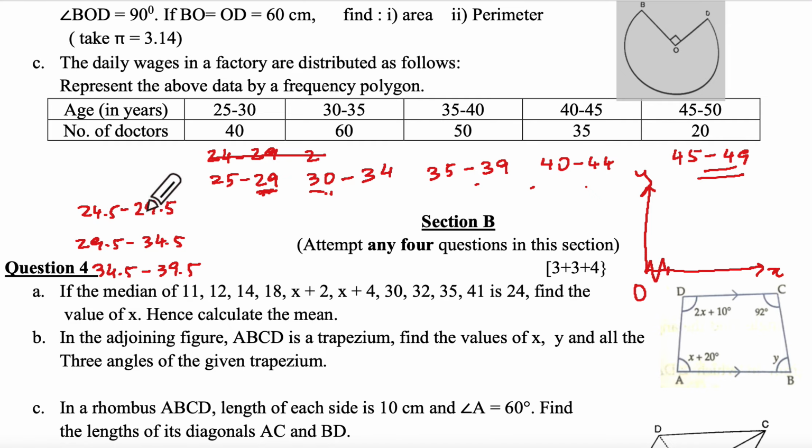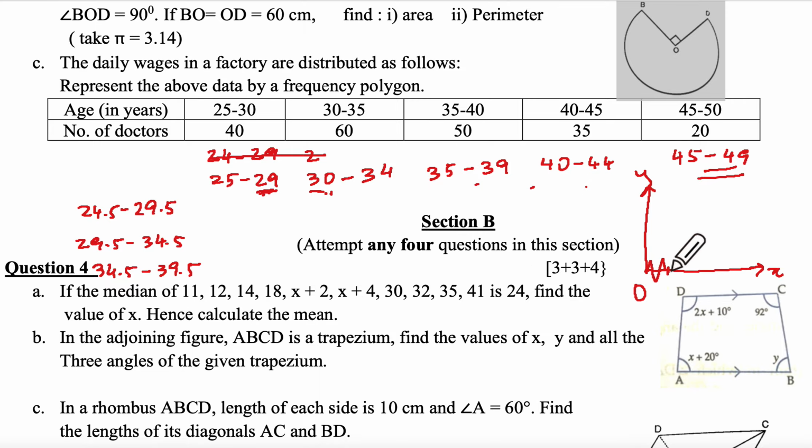If this is 24.5, I'll have to take the earlier class interval, 19.5 to 24.5.